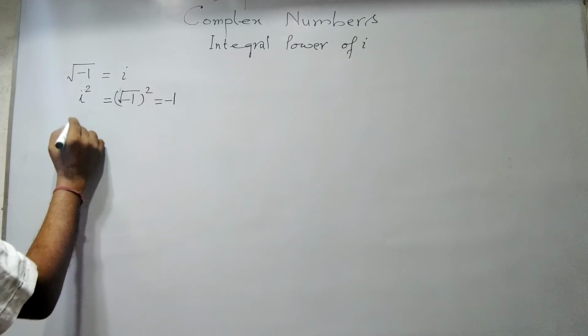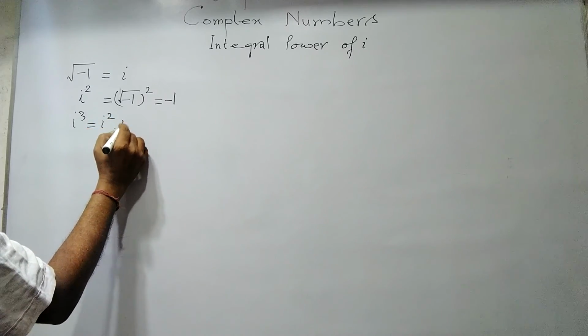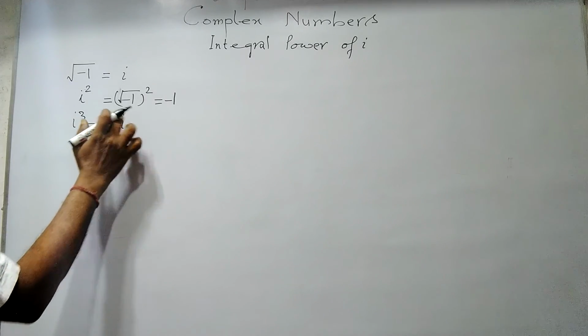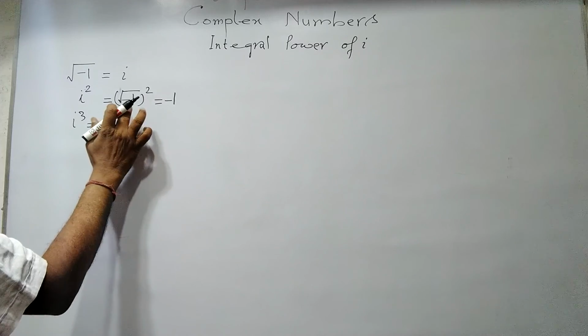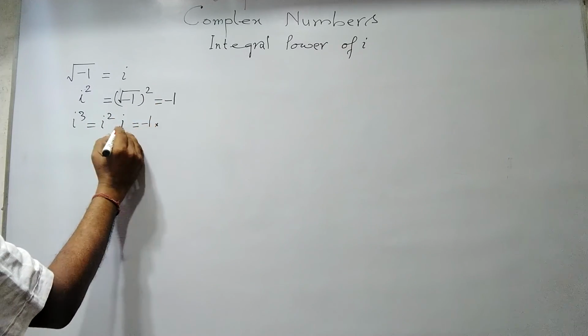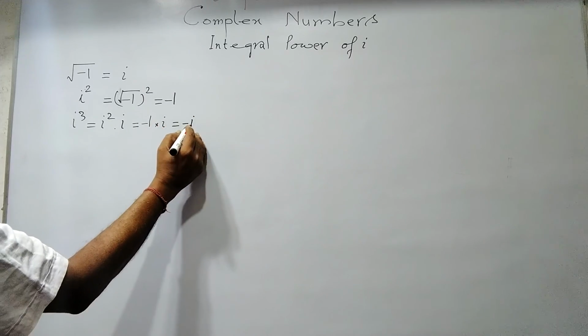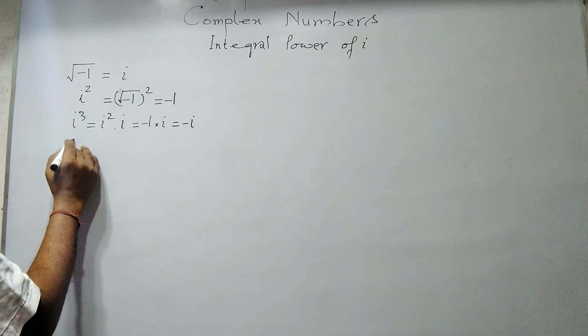Then i cube is what? That is i square into i. And we know that i square is minus 1, so minus 1 into i, that is minus i. Okay? Then i4.